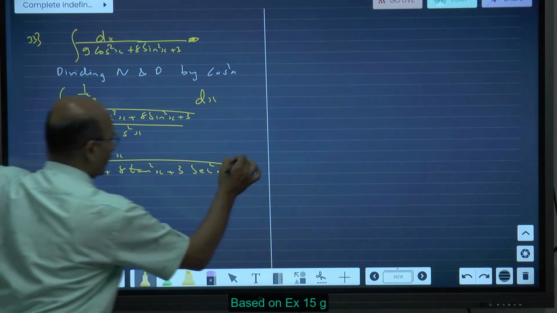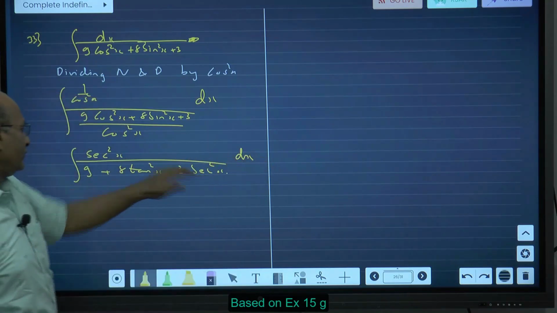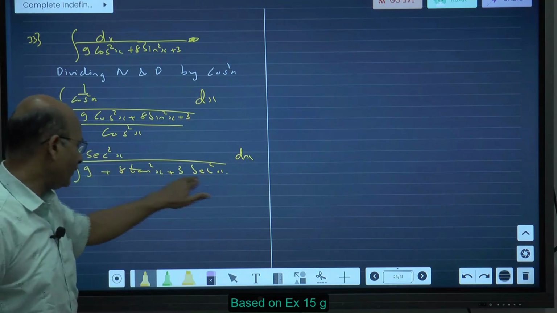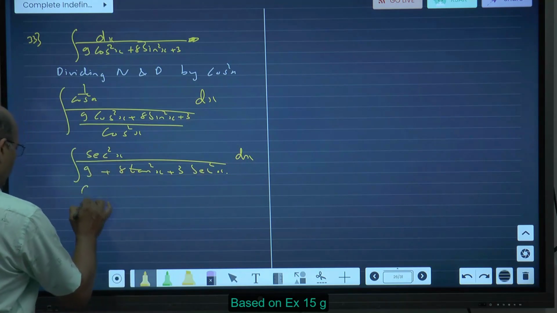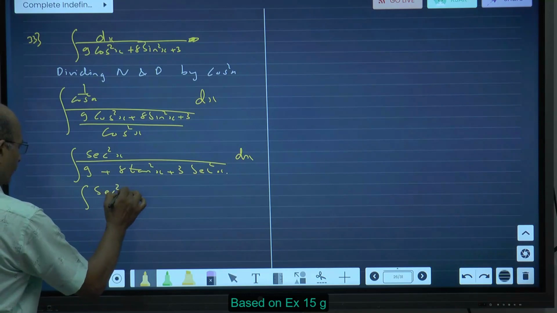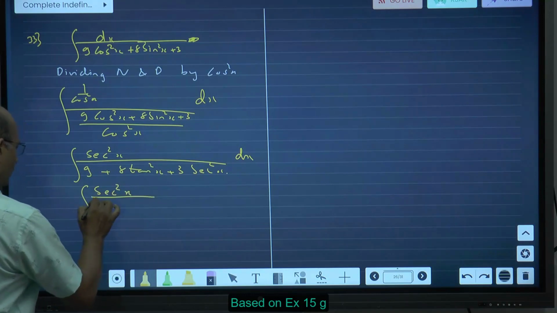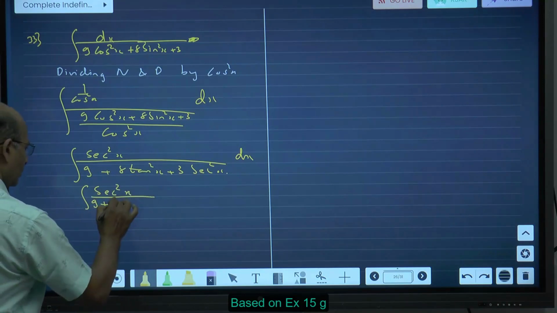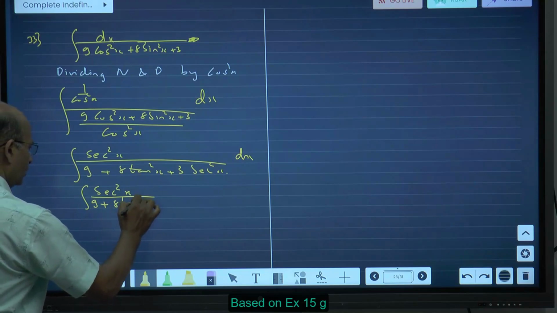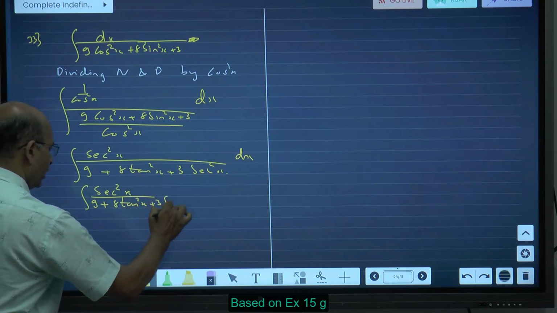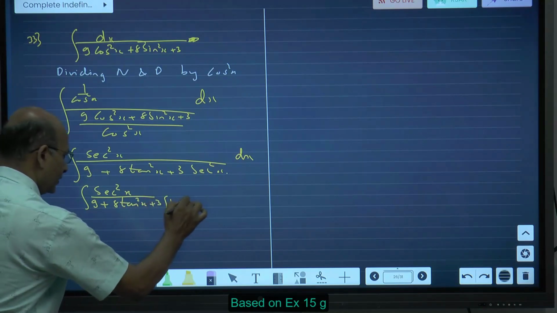Finished, my job is over. The derivative of tan x is sec square x, so convert this also to tan. So this will be sec square x upon 9 plus 8 tan square x plus 3 times 1 plus tan square x.